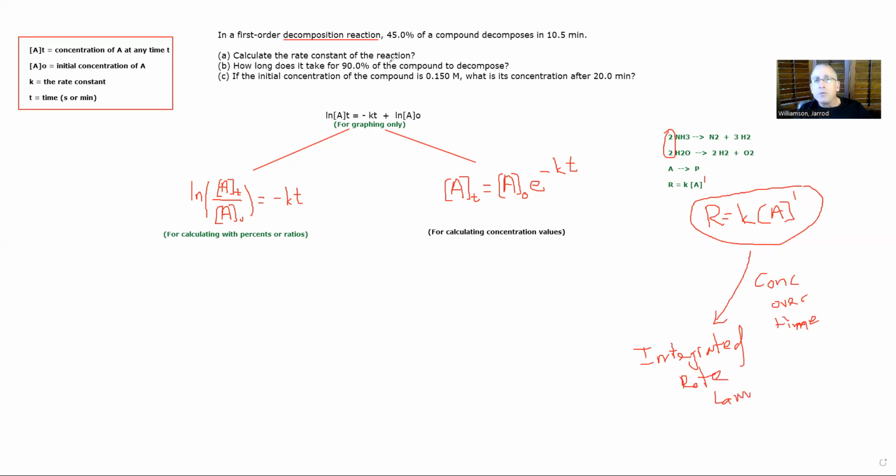That's how you figure out, rate law. Okay, so that's how we interpret this.